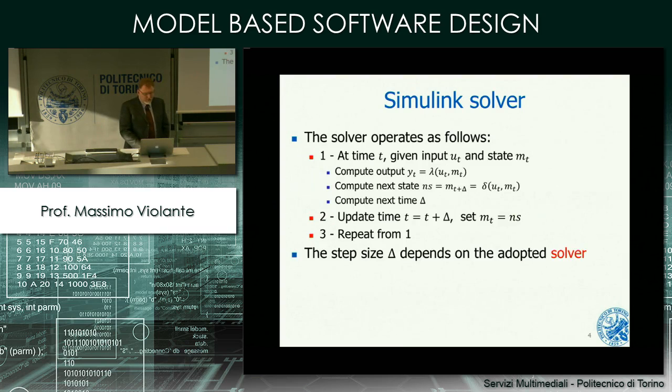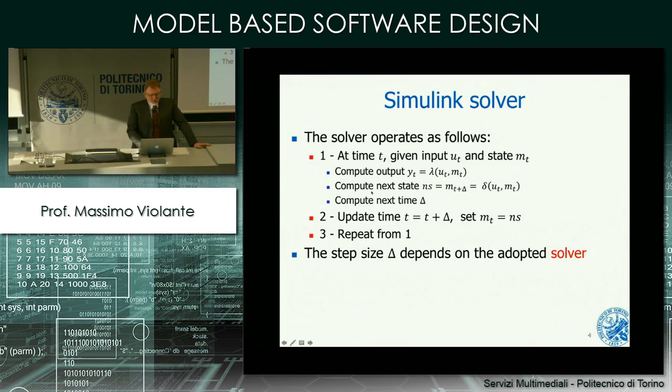So the Simulink solver behaves as follows. Given a certain starting time t, for which the model is subject to input u(t) and to state m(t), the solver computes the output. So y(t) is equal to lambda of u(t), m(t). So basically, we just update the output.